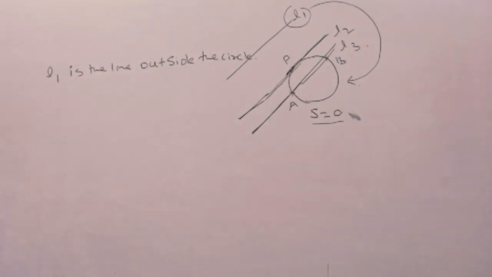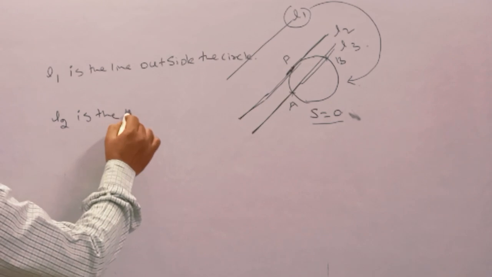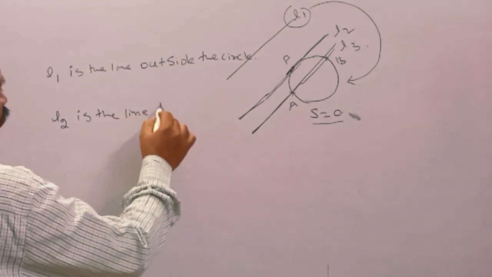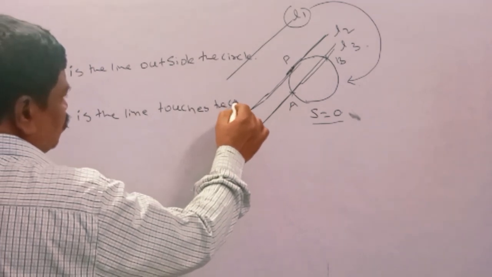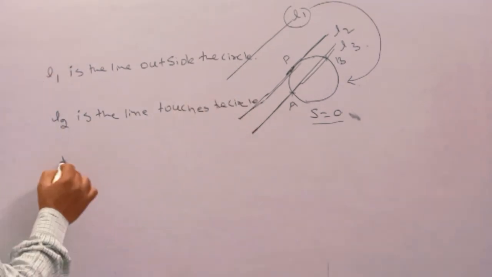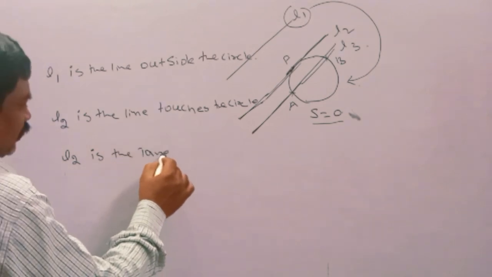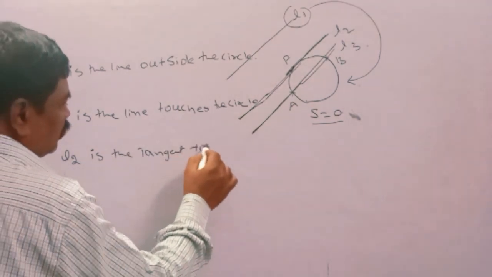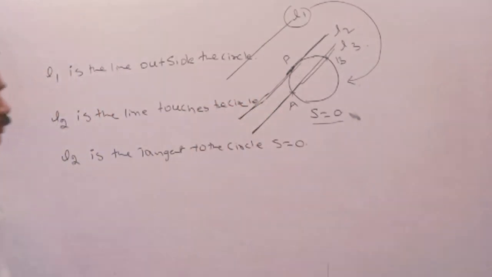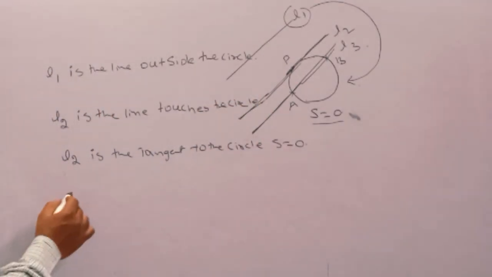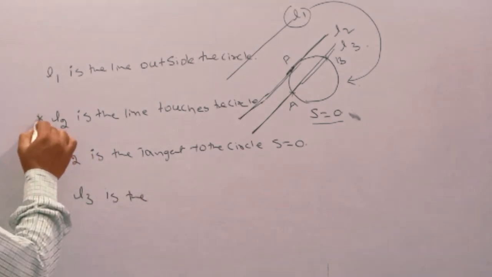So L2 is the line touches the circle. Then we say L2 is the tangent to the circle S is equal to 0.